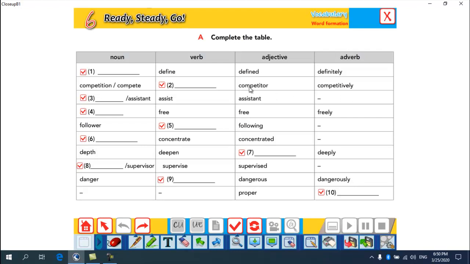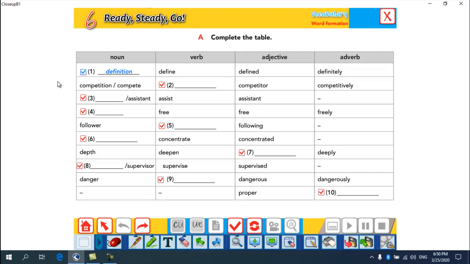Let's have a look. First, we have the word define. It's a verb. The adjective or the derivative adjective from define is defined. The adverb is definitely. So what do you guess the noun from define is? Exactly, it's definition.